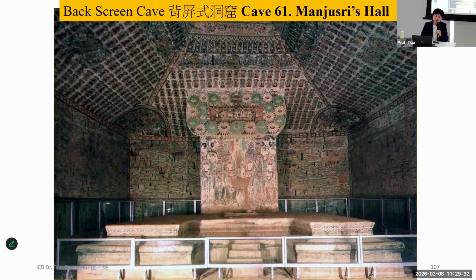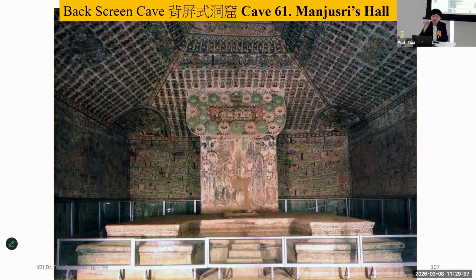Do you know how scholars could discover that the main statue is Manjushri Bodhisattva? Because on the wall here, there is a fragment of a lion's tail.